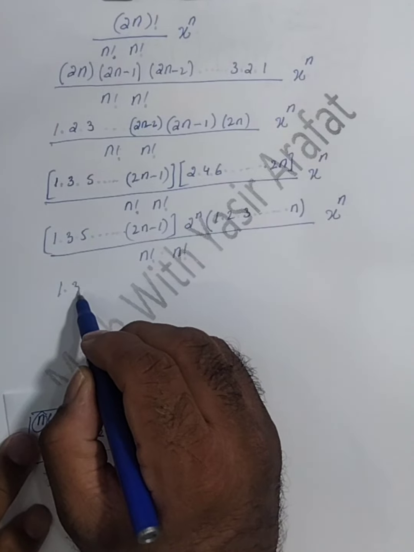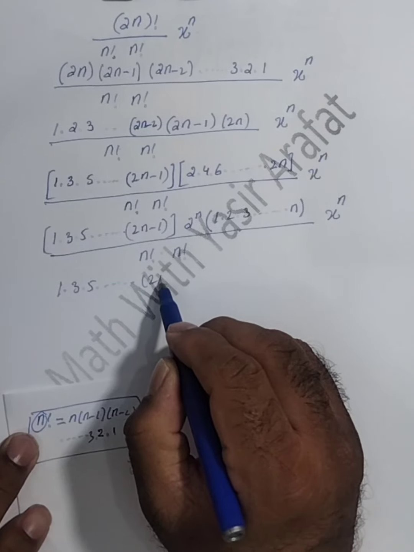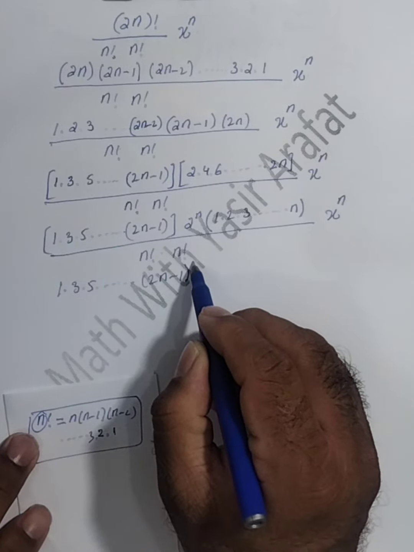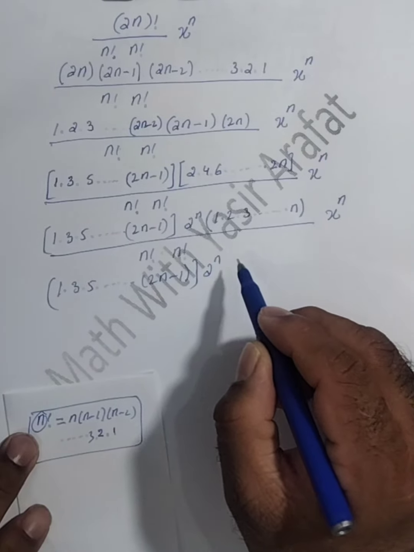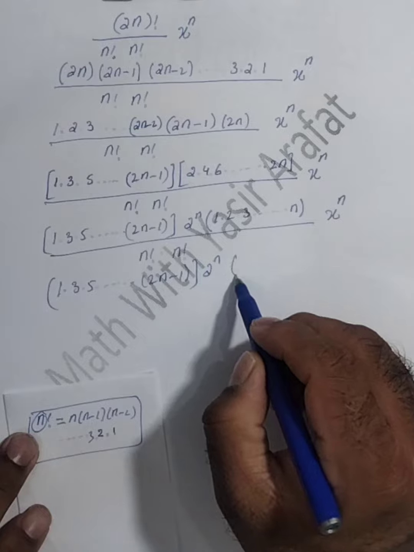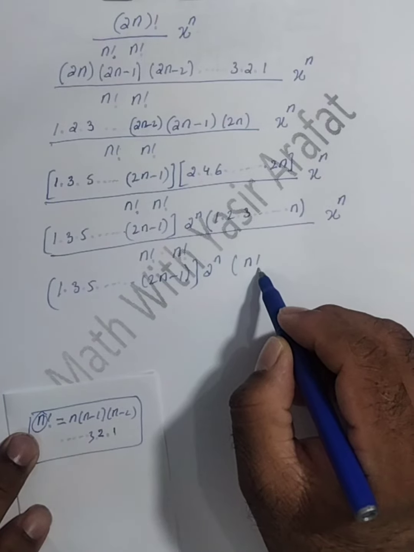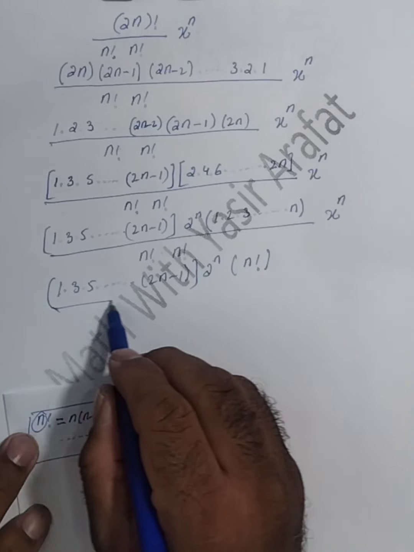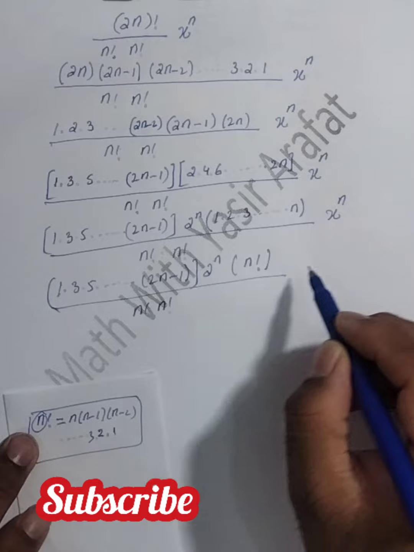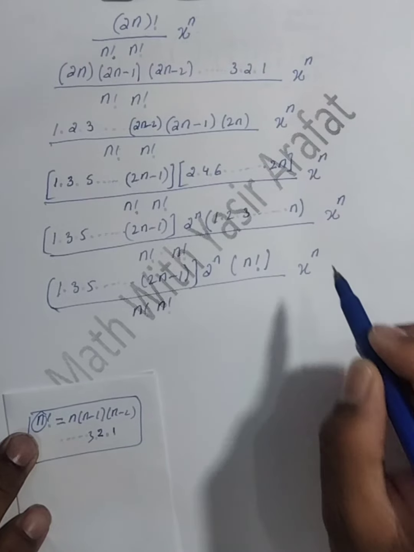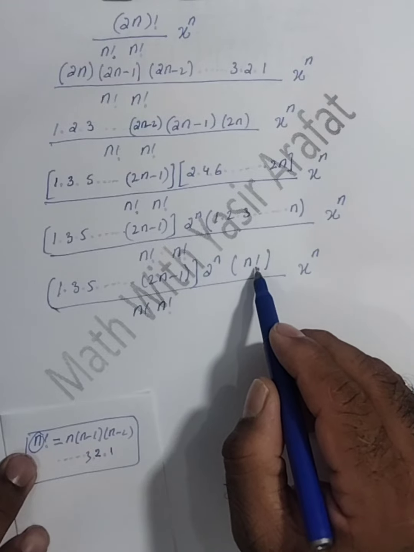Now dear students, focus here. This is 2 power n. This is 1, 2, 3, and so on up to n, that means it is n factorial.